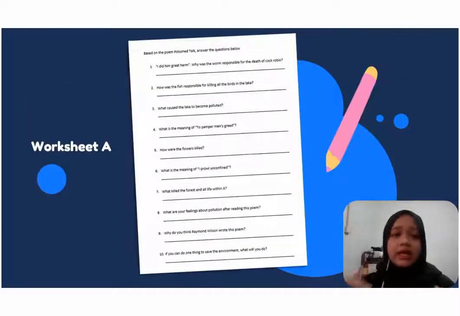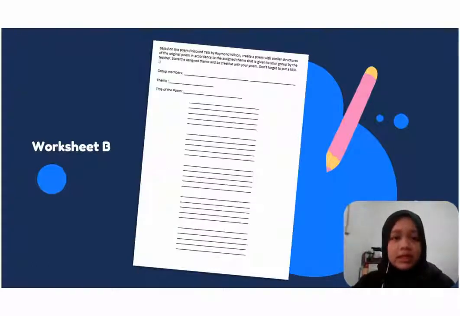Now, as for the activities, we have created two worksheets for students, and in the first activity, they will be given a worksheet of 10 comprehension questions on the poem Poison Talk, and they have to answer it individually. Then, in activity 2, they have to get in groups.